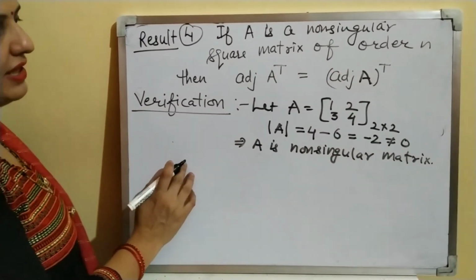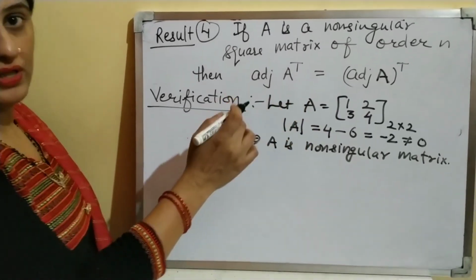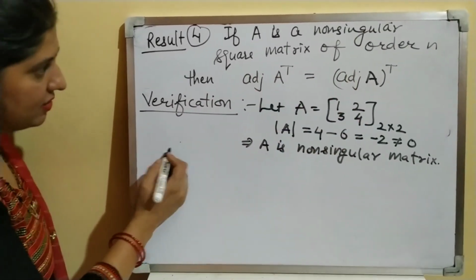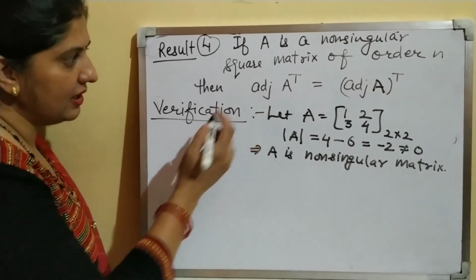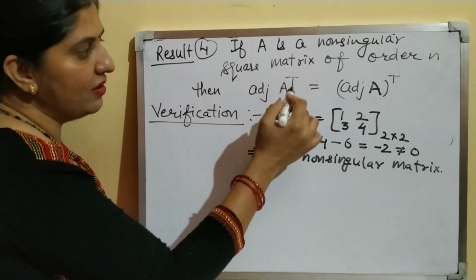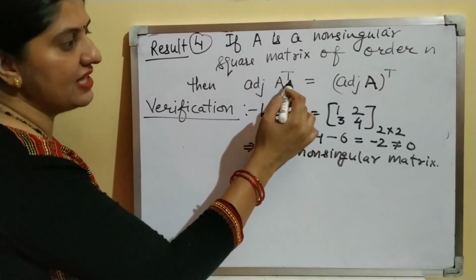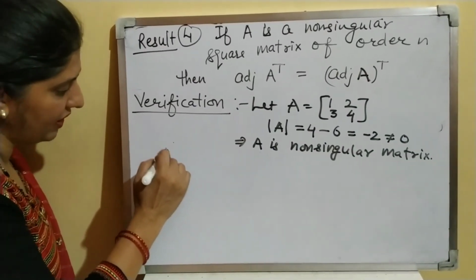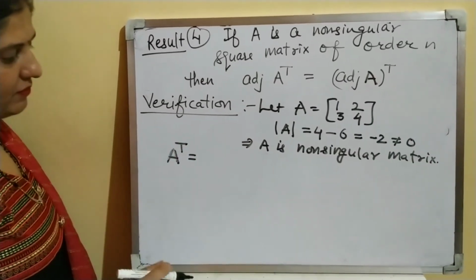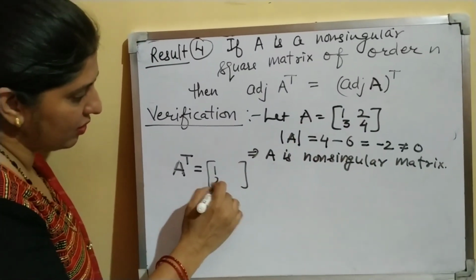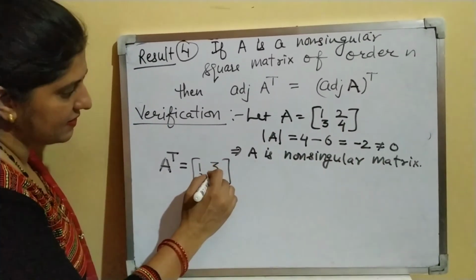Now, we have to verify the given result. For this, we calculate the left hand side and right hand side. First, I am calculating the left hand side. Before that, first we will find the transpose of A. The transpose of A is given by the first row becoming the first column, the second row becoming the second column.